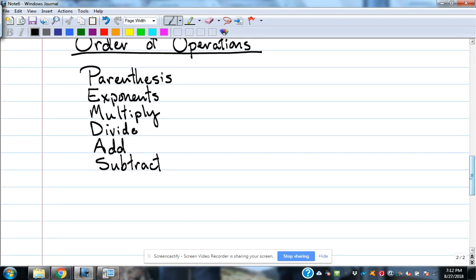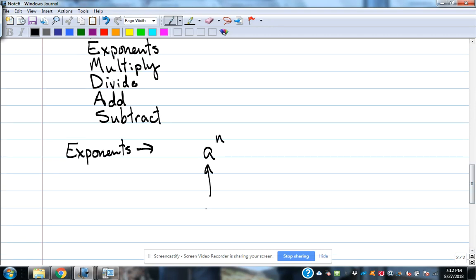Let's do a little bit of exponent work here just so we remember how exponents work. That's something we sometimes forget. When you're dealing with exponents, a to the n, this part, the a, is called the base. The n is the exponent.